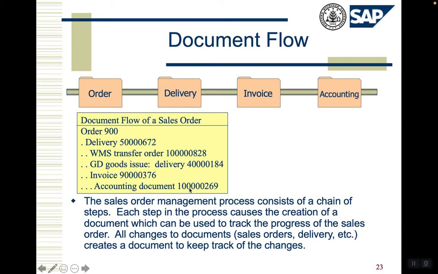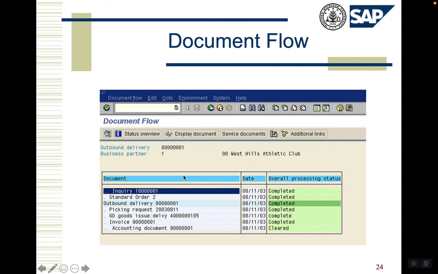So at any point in time, if somebody calls up and says, "What's the status of this order?" we look up the order and we can see, okay, it's delivered, but we haven't done a post goods issue on it, or we've done a goods issue and we have an invoice outstanding. This is just a picture of what the document flow looks like in the system itself.